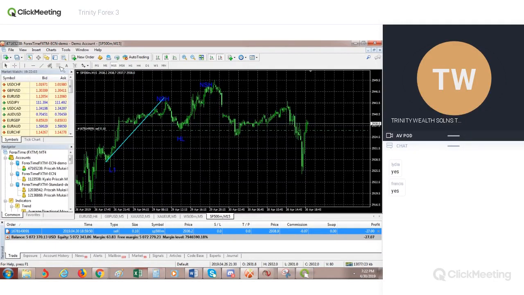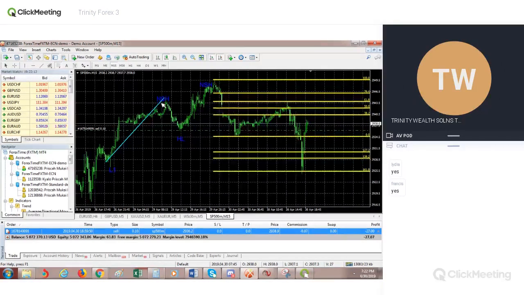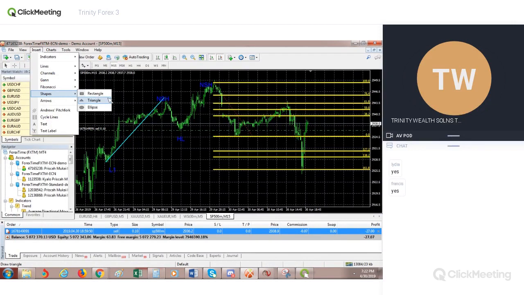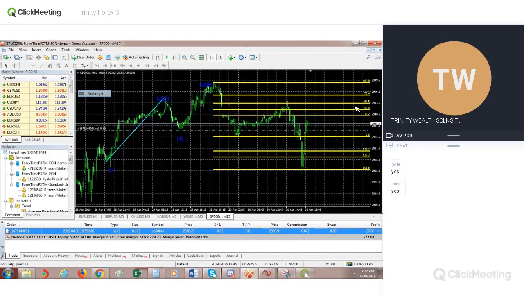So now we look for opportunity to sell. You draw your Fibonacci, and then you can see already we have some area of support here. It was resistance, so we expect it now to remain a resistance area. You can see here it faced resistance. So you draw where you expect the market to face resistance, all right? And in our case, it coincides with 61.8.